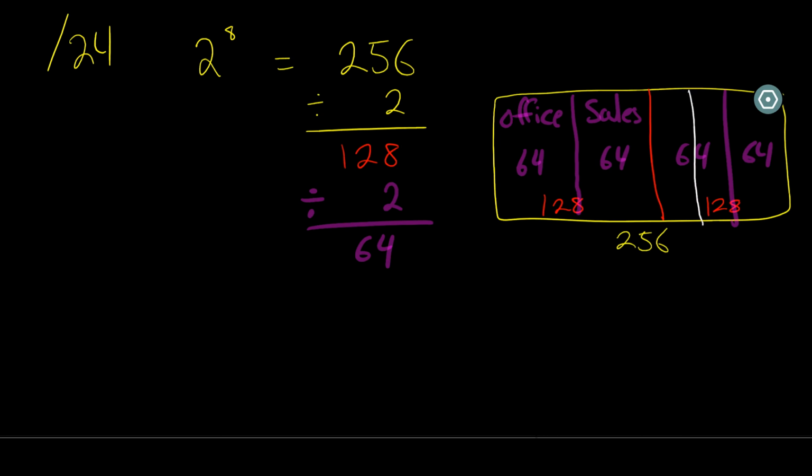So maybe we have 32 and 32, and even then we don't need 30 available host addresses, we only need 14. So we might go further and say, okay, I want to split that up another time. So this time now I'm splitting up the 32. So now I'm going to have half of 32, which gives me 16 and 16. So now in here we have our exterior office.